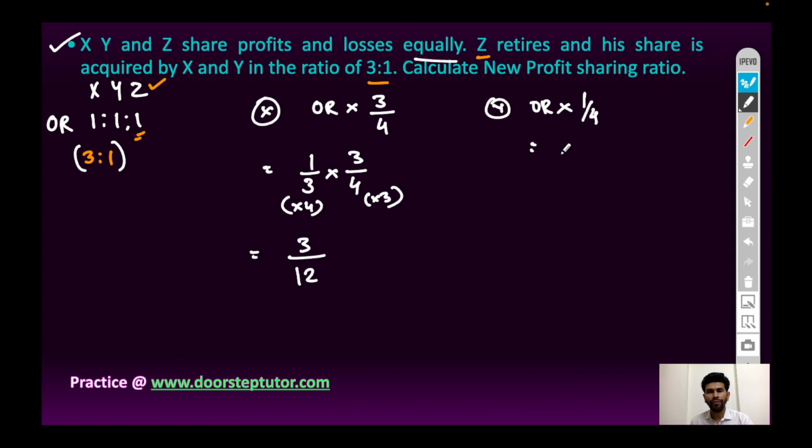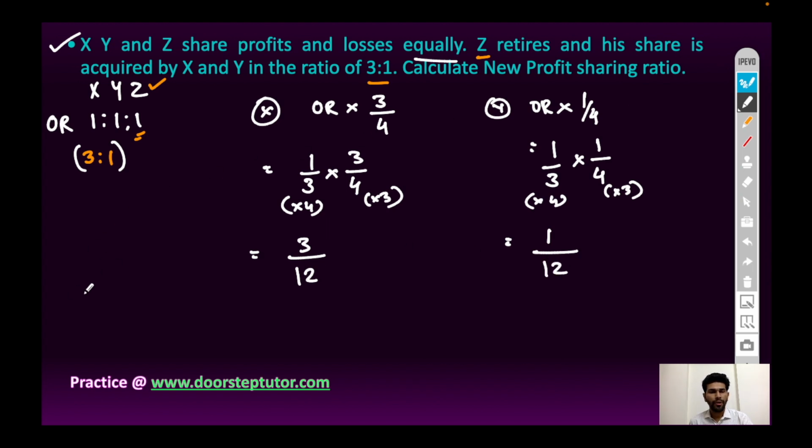And in case of Y, old ratio is 1/3 multiplied by 1/4. Again, to get same denominator, 1 into 1, 1 divided by 4 into 3, 12.